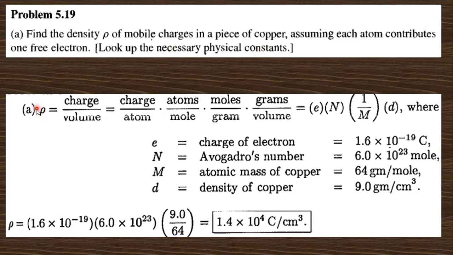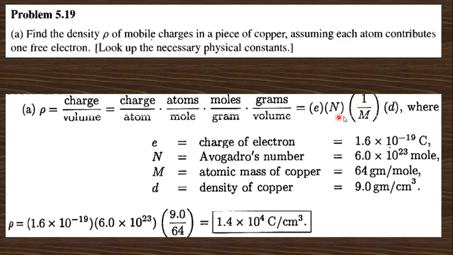So you know the charge density, rho, means charge per volume, and you can rearrange this as charge per atom, atom per mole, mole per gram, gram per volume. Charge per atom is given here, since each atom contributes one free electron, so put this as e.